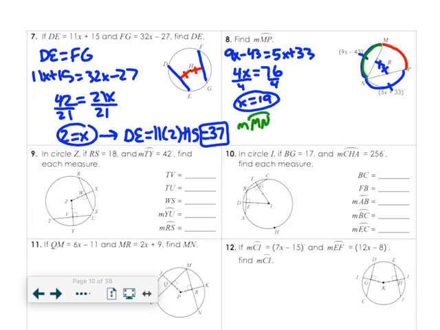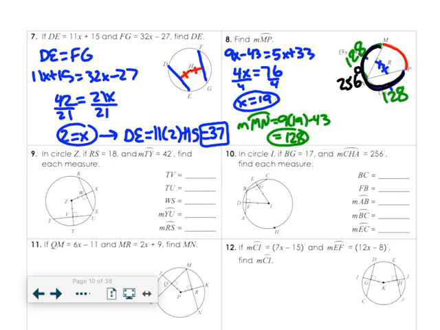That's 9 times 19 minus 43, which comes out to 128. So I know that this is 128, and I know that this is 128. Together, these two arcs add to 256.